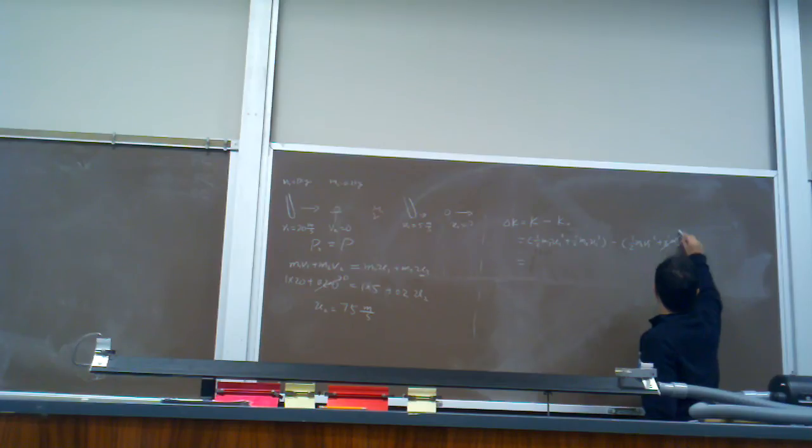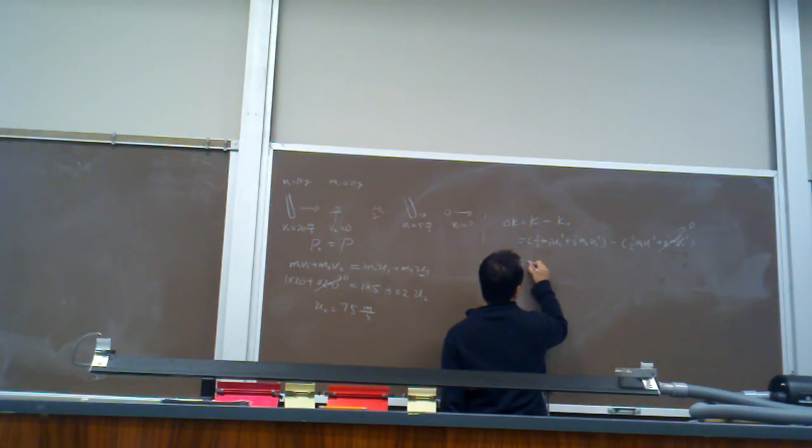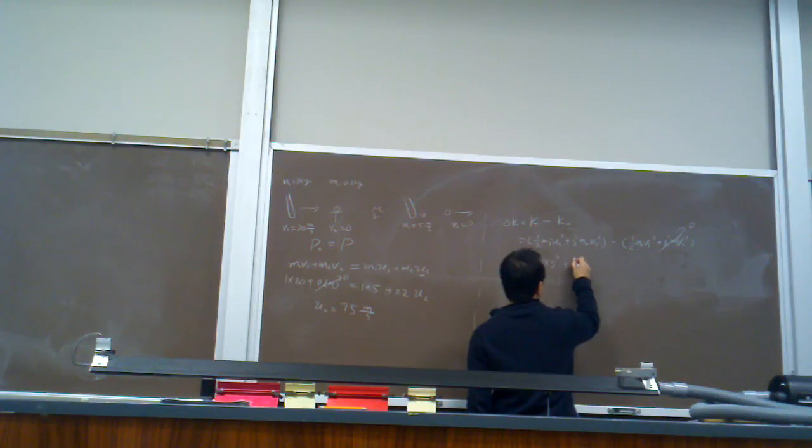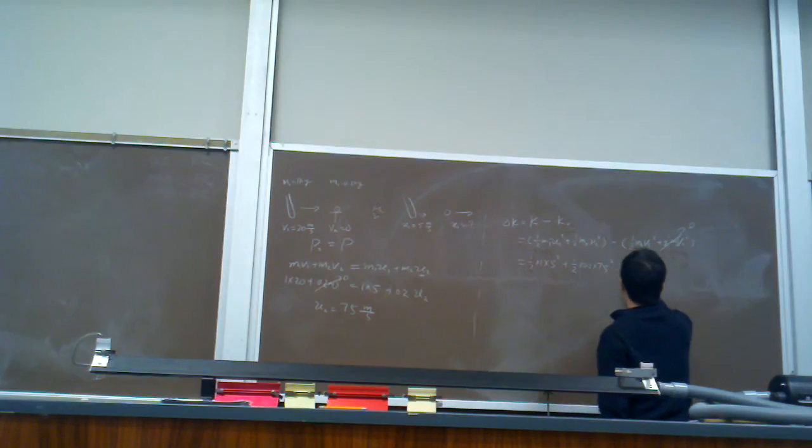Here, V2 equals 0, so this term goes to 0. So you get 1/2 multiplied by 1 multiplied by U1, which is 5 squared, plus 1/2 multiplied by 0.2 multiplied by U2 squared, minus 1/2 multiplied by 1 multiplied by V1, which is 20 squared.